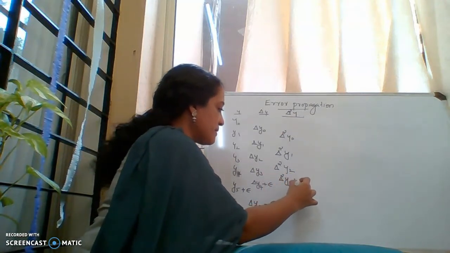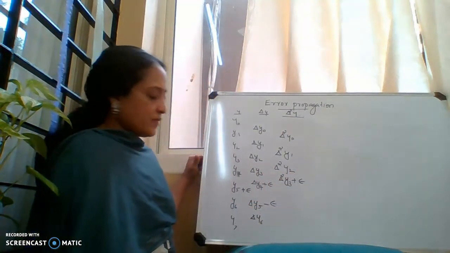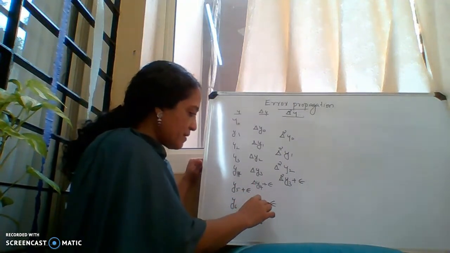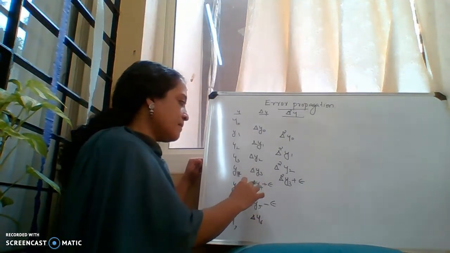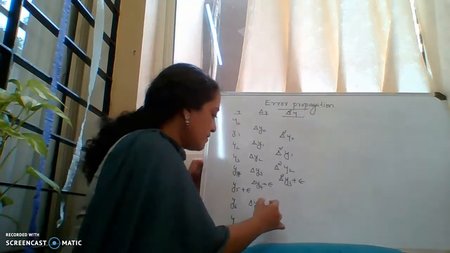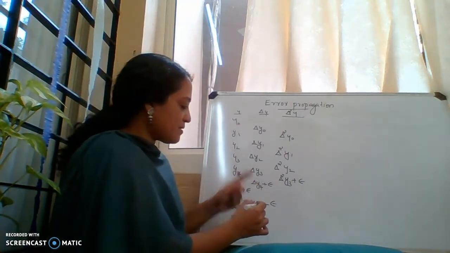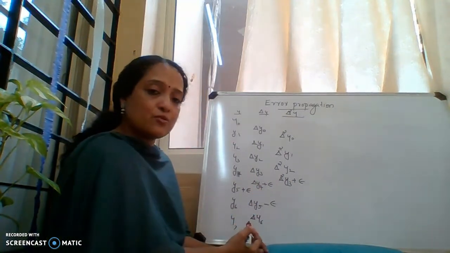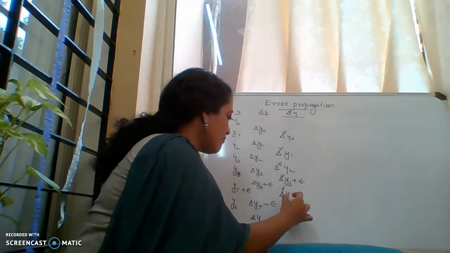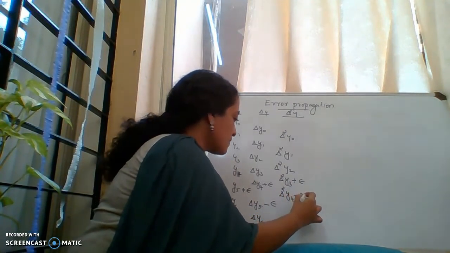y3 plus epsilon. And the next difference is del y5 minus epsilon minus del y4 minus epsilon. So that becomes del y5 minus del y4 minus 2 epsilon, or that is del square y4 minus 2 epsilon.